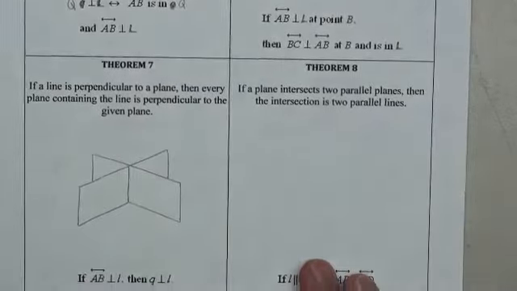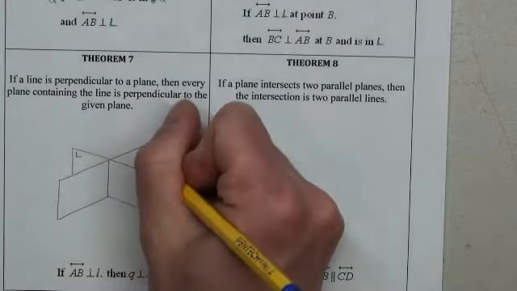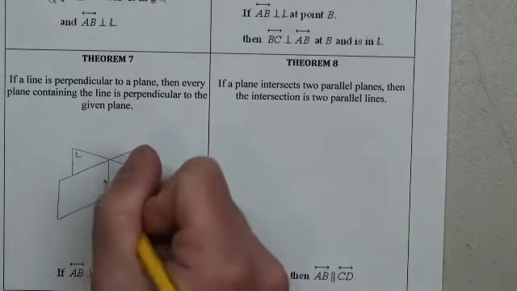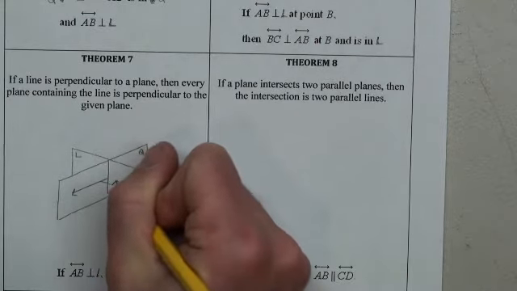Okay, same thing. Let's make this L and this Q, and we have that line coming out again, and it's perpendicular to this plane.